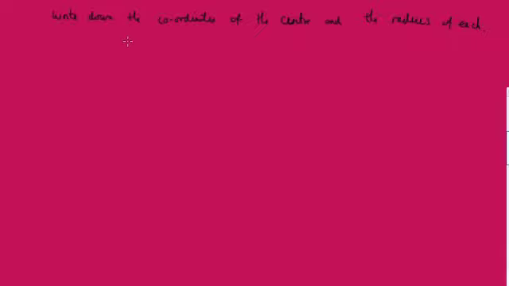So let's look at x squared plus y squared equals 4. So there's no a and there's no b, so the centre is going to be 0, 0, and the radius, remember that's r squared, so the radius will be the square root of 4, which is 2.